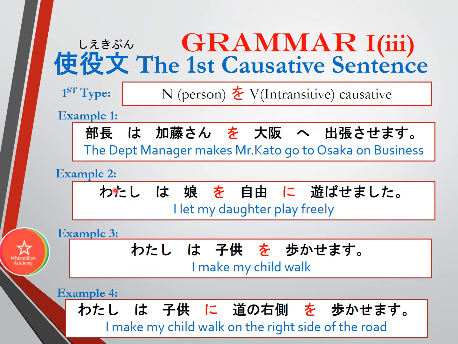I hope you can tell the difference between example 1 and example 4. In example 4, the structure changes to the second type instead of the first type, even though the verb is an intransitive verb. The second type is where the particle attached to the person receiving this is に. Let's look at the second type in the next slide.